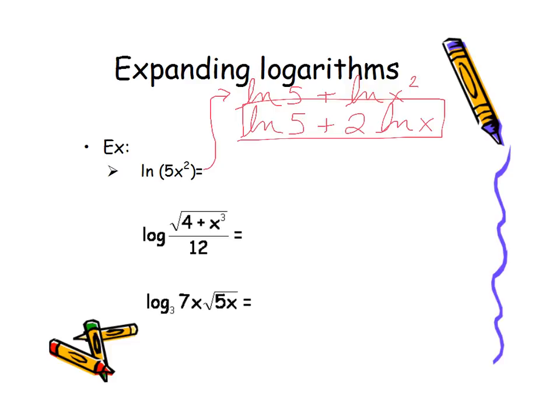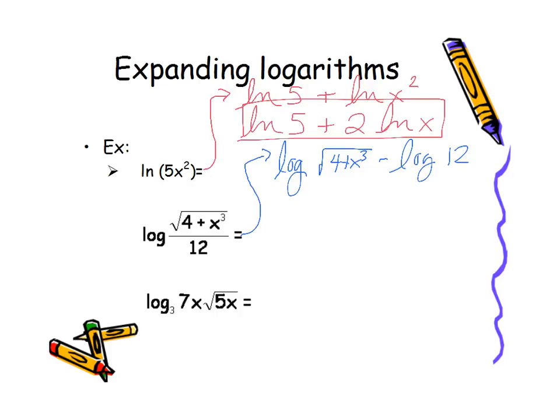The next one, a little messier. It's division. I see the big fraction bar. Let's start there. Let's separate it into the log of the square root of 4 plus x cubed, and I'm going to subtract the log of 12.